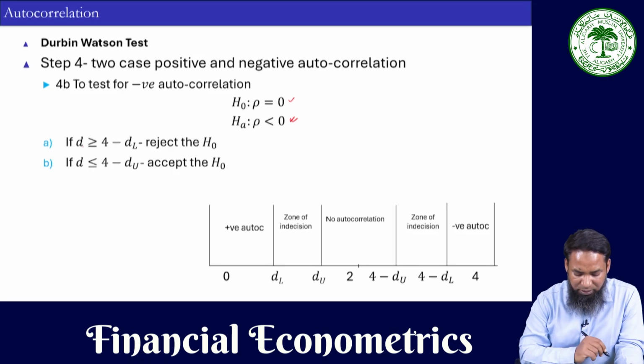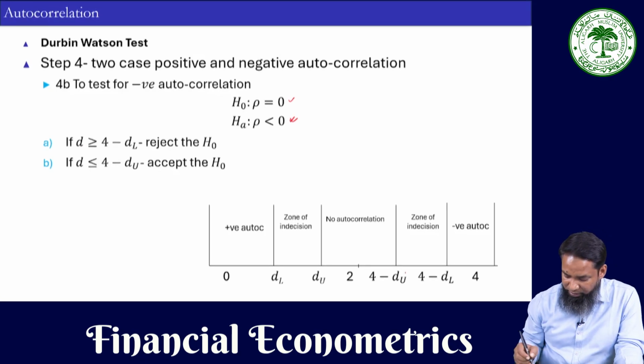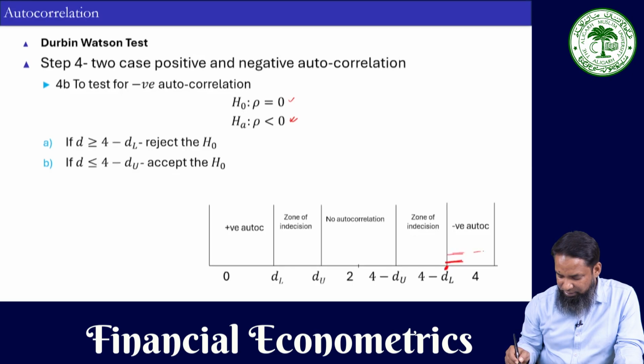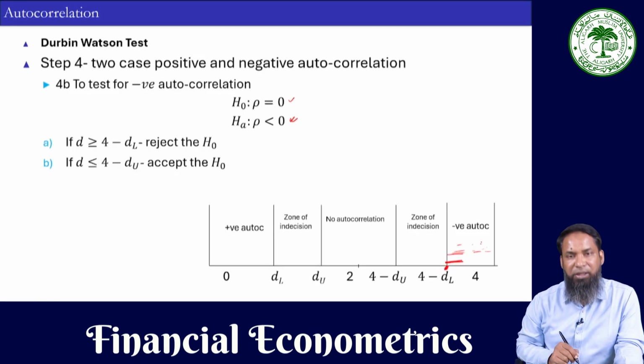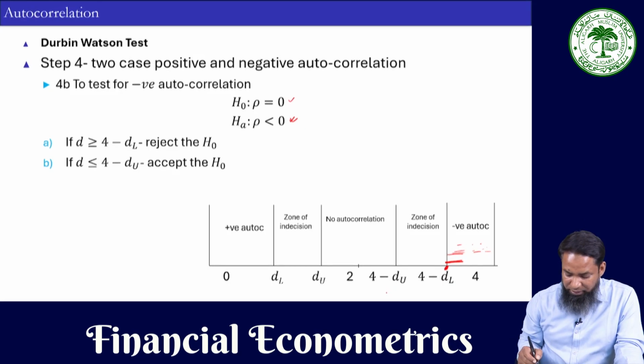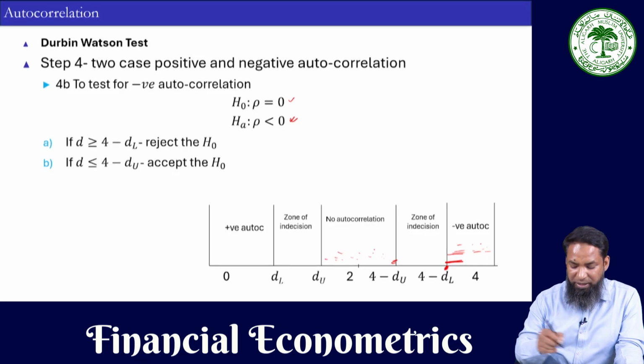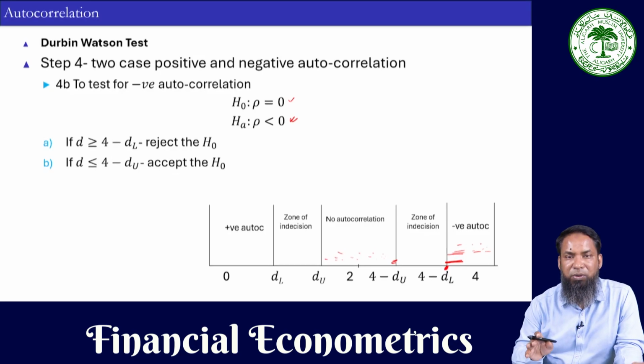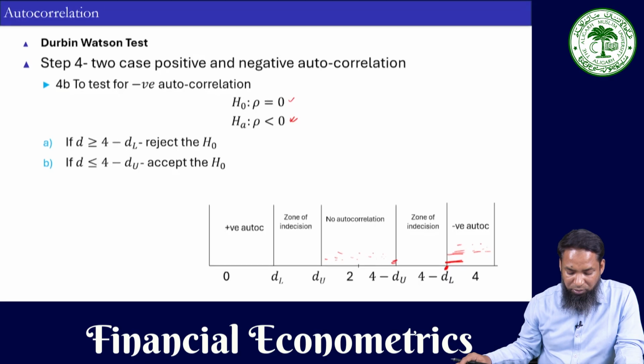Now, if d is more than 4 minus dL, if it lies in this area, then we reject the null and conclude that there is negative autocorrelation. However, if d is less than this, if it lies in this area, then we accept the null, that means there is no negative autocorrelation.